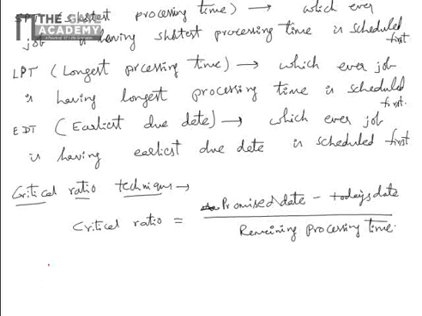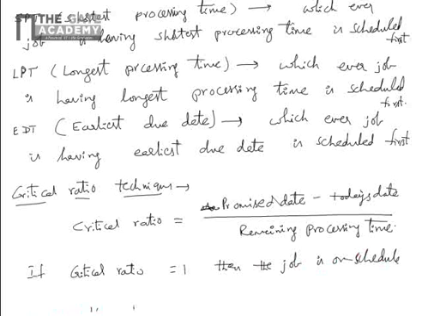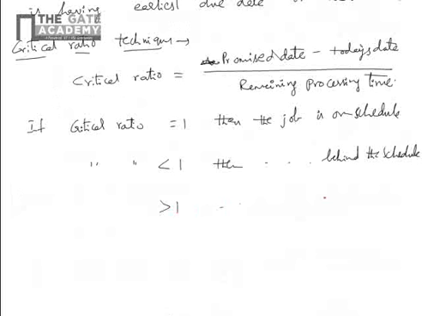If critical ratio is equal to 1, then the job is on schedule. If critical ratio is less than 1, then the job is behind schedule. If it is greater than 1, then the job is ahead of schedule.